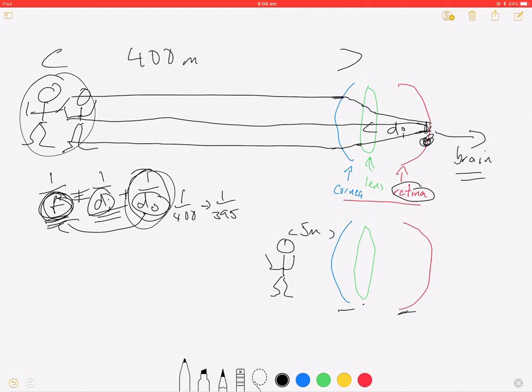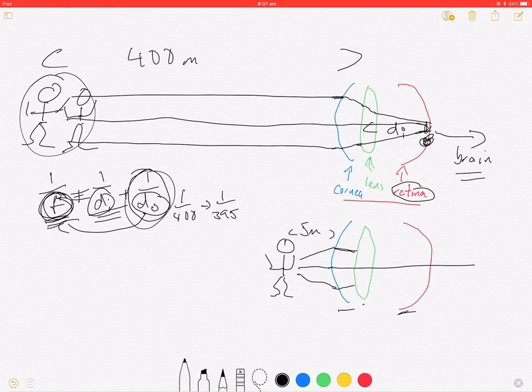And so what happens here is that the light, when it travels, is not going to be travelling parallel, because the object is a lot closer, and so the cornea will refract. There we go, let's do those light rays.